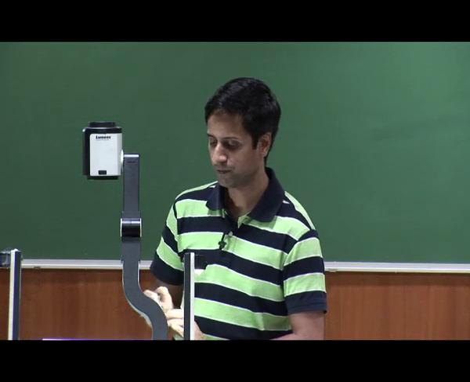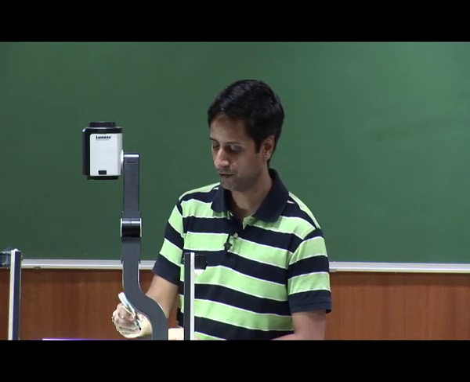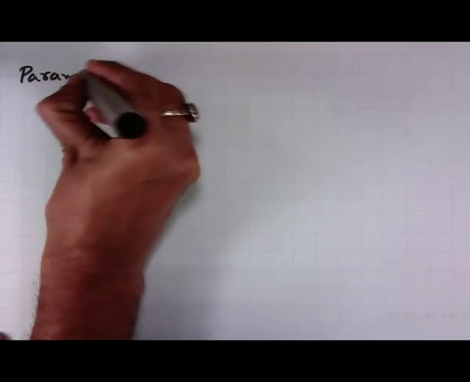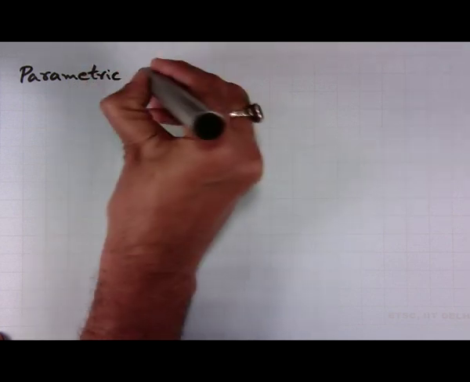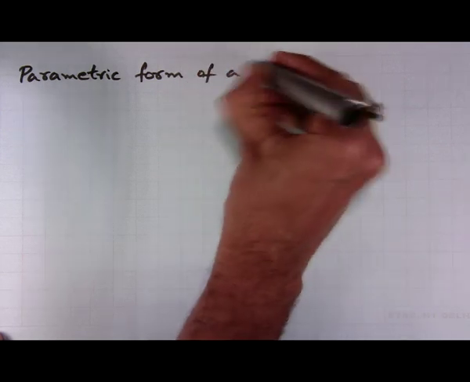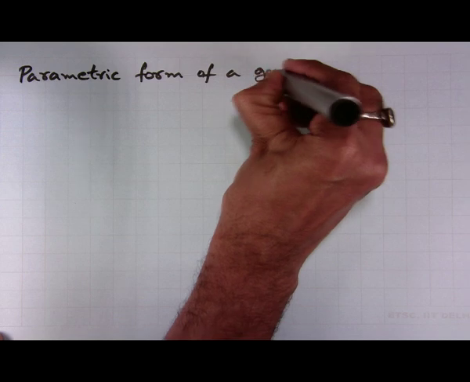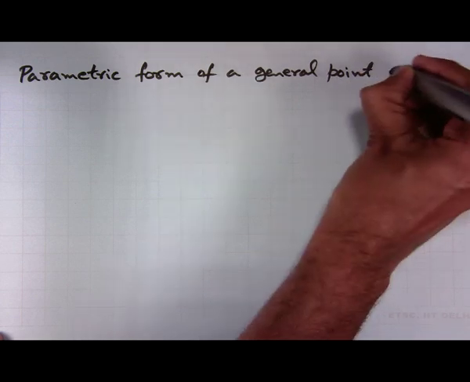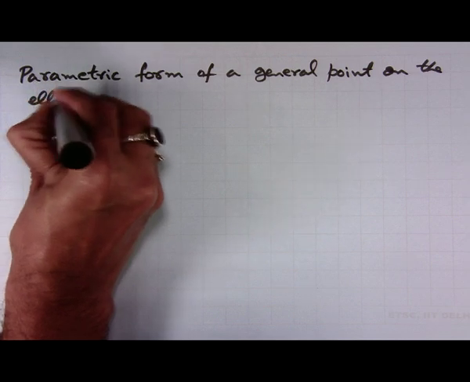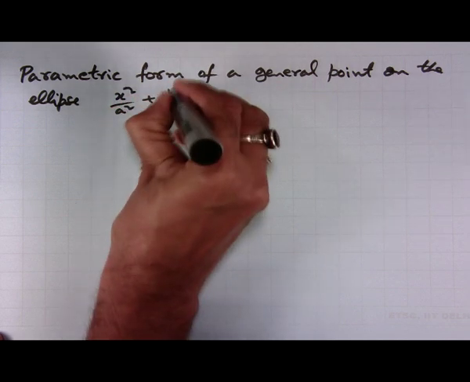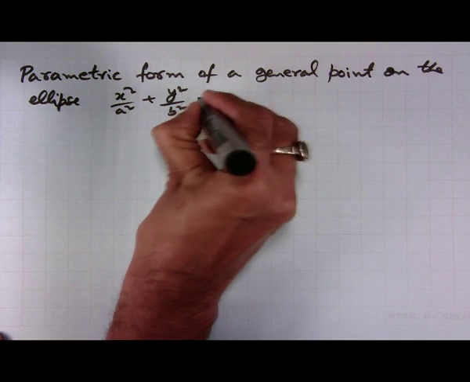Next, we will discuss the parametric form of a general point on the ellipse x square by a square plus y square by b square equal to 1.